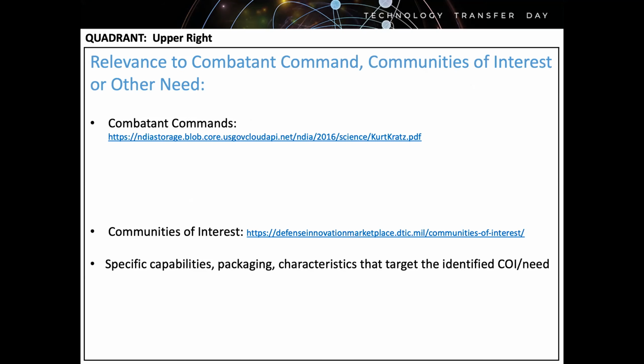So the next quadrant is the upper right quadrant, and this is probably the most challenging quadrant for many of us. It is really the who is your customer quadrant.